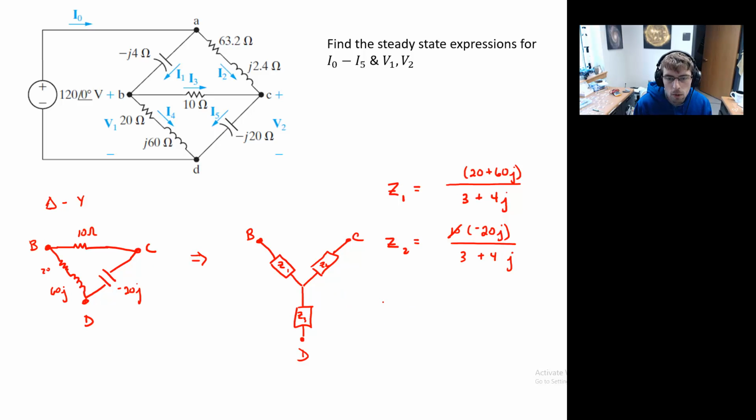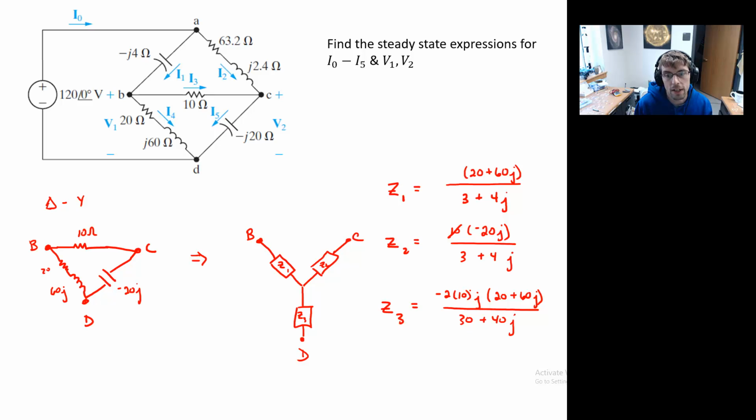Well, lastly, I'm going to write this 20 as 2 times 10, so then I can have that cancellation in there. So that's a negative 20j times 20 plus 60j, and the denominator doesn't change, the 30 plus 40j.